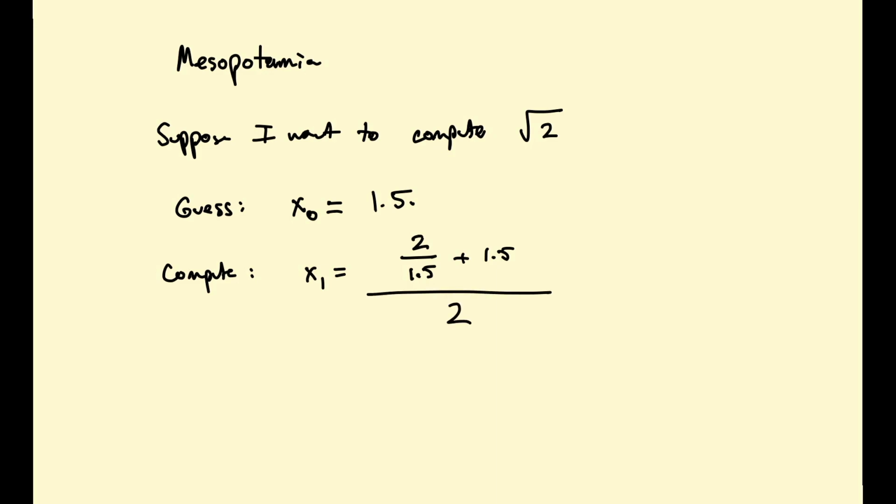Okay, so what I'm going to do is compute this. Now, you all have phones in front of you, so pull them out and calculate. I want 2 over 1.5 plus 1.5, all over 2. 1.417, Thomas says.